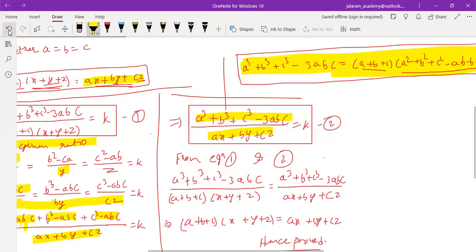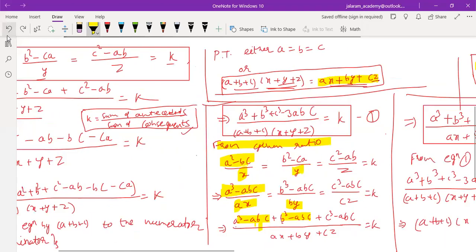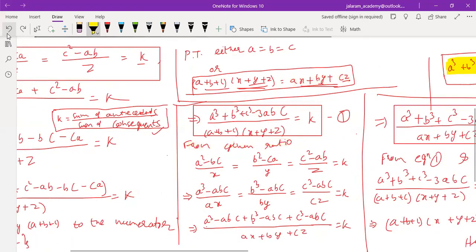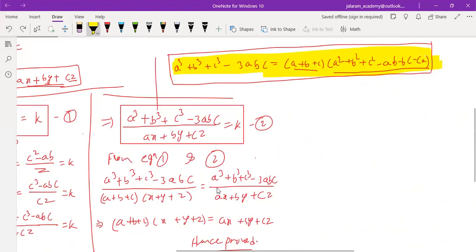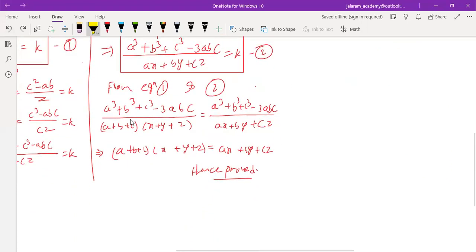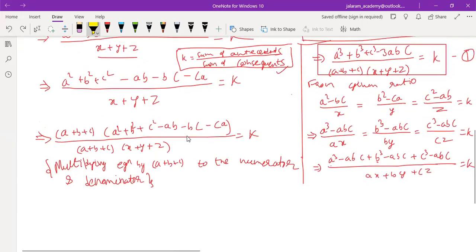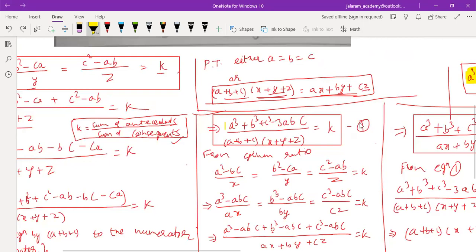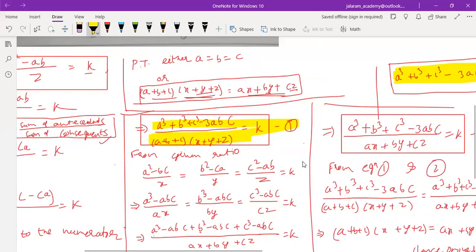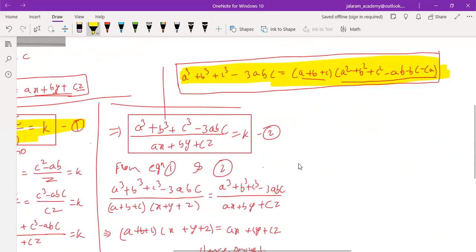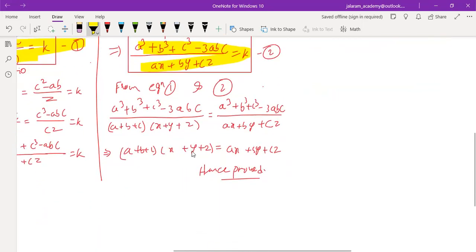Equals k. And when we compare these two k's, this is giving us (a³ + b³ + c³ − 3abc)/((a + b + c)(x + y + z)) from equation 1, and (a³ + b³ + c³ − 3abc)/(ax + by + cz) equals k from equation 2.